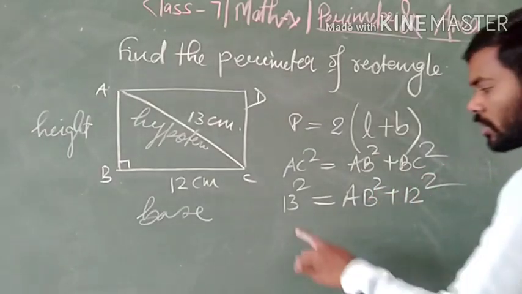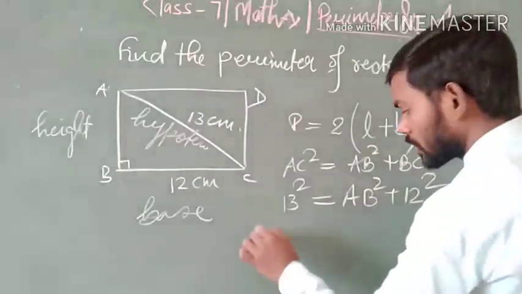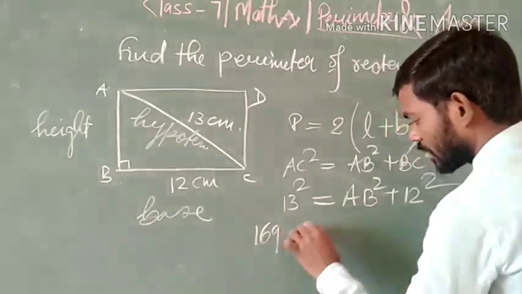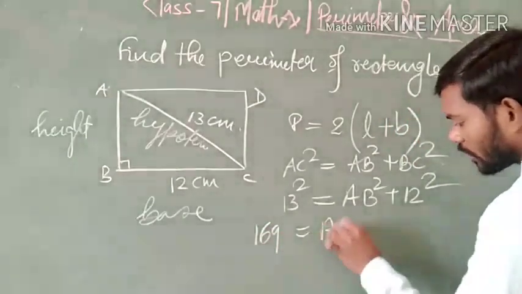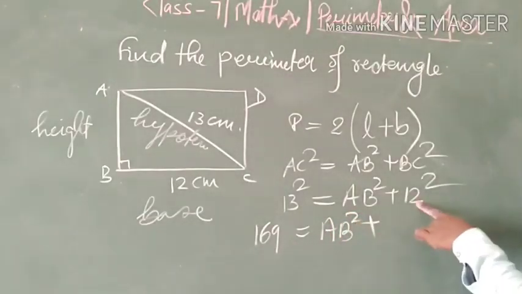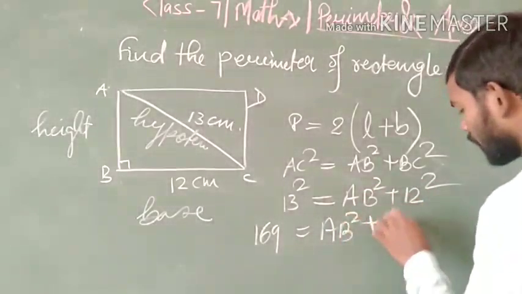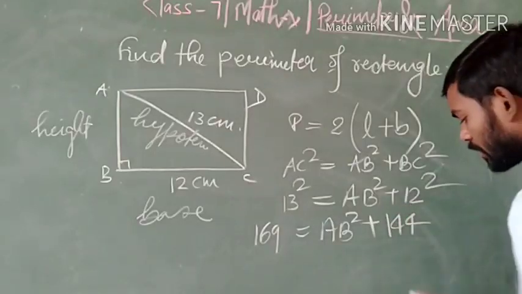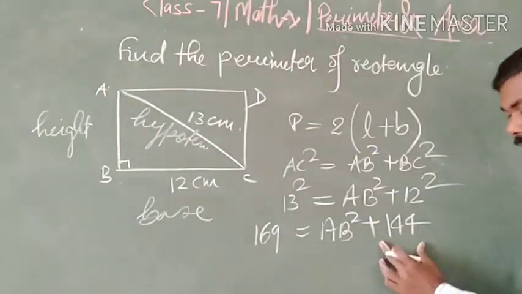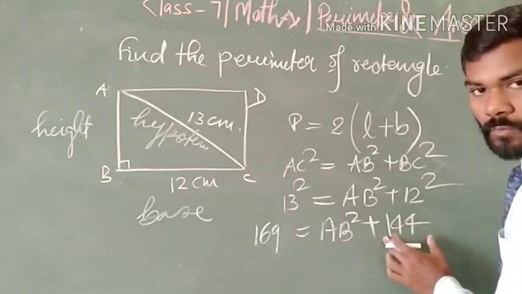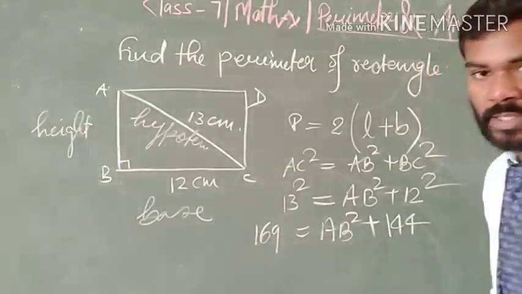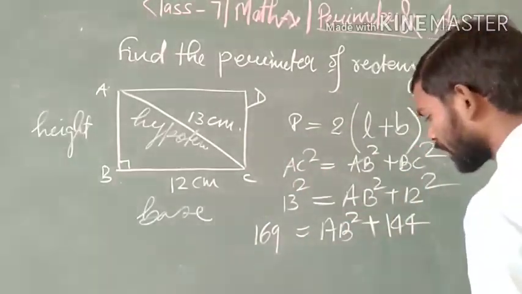After solving, the square of 13 is 169, and this will be equal to AB square plus the square of 12, which is 144. Now since the term 144 has a positive sign, when it is transposed to the left hand side, the sign becomes negative.